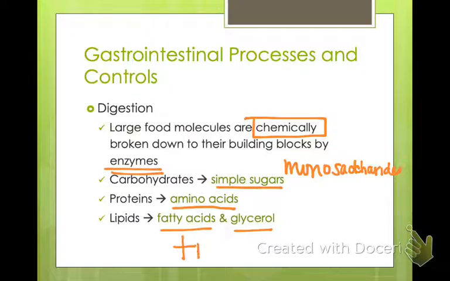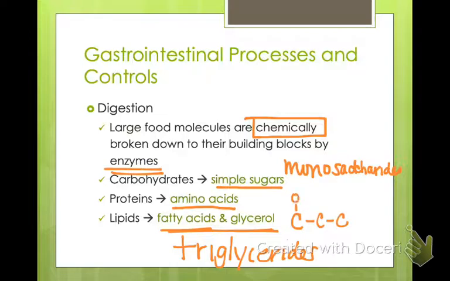Remember, they are triglycerides, stored or eaten, and they get broken down into fatty acids and glycerol. So remember, you have that 3-carbon alcohol molecule that has the 3 alcohols on it, and that's your glycerol. And then your fatty acid would be a long chain carboxylic acid.